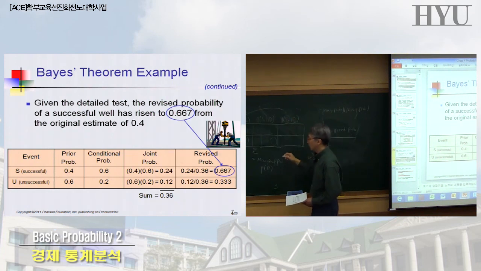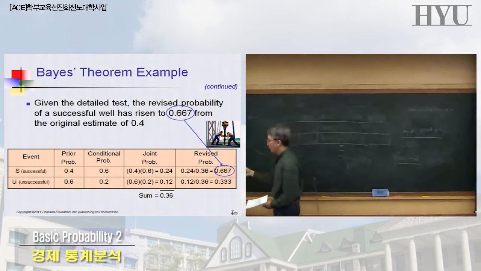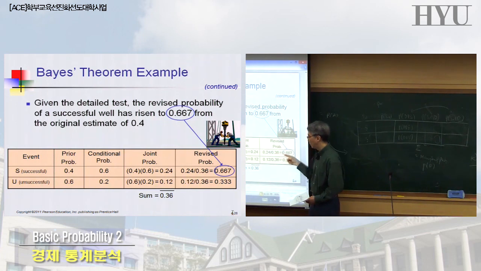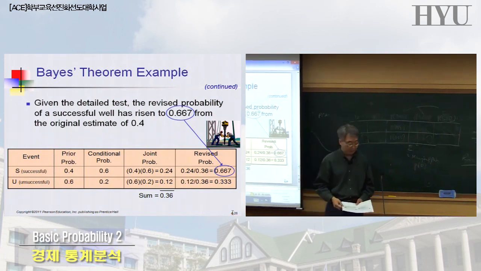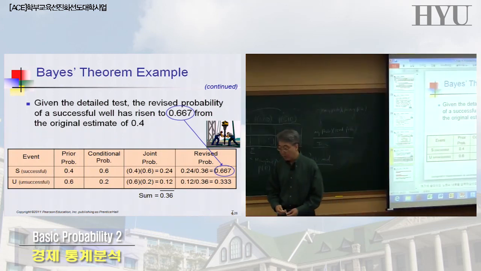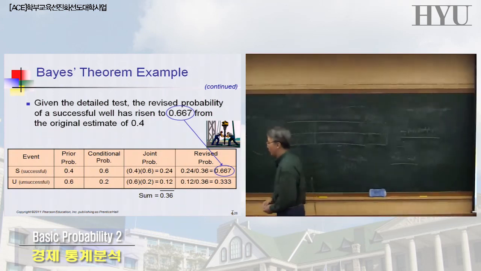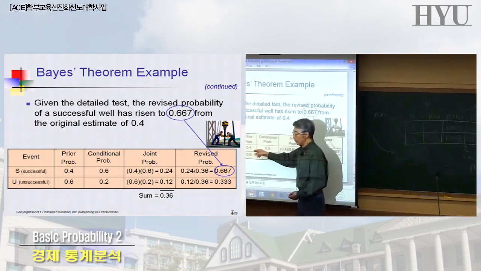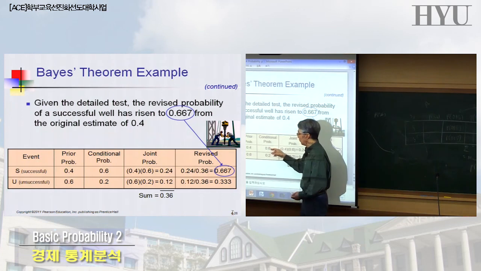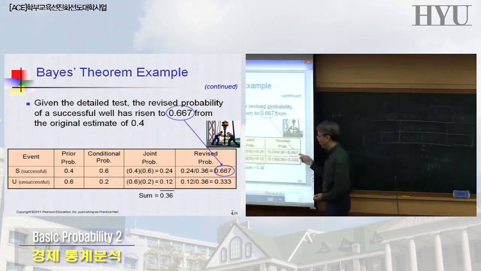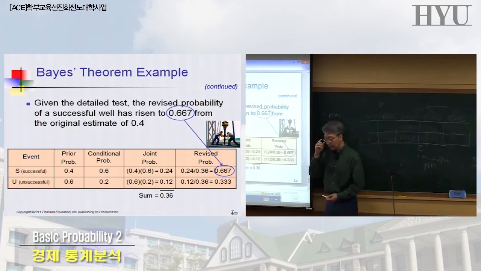That is simply joint probability divided by marginal probability, so 0.667. So we have revised our prior probability, 0.4, given the information about another test. And the revised probability is 0.667.